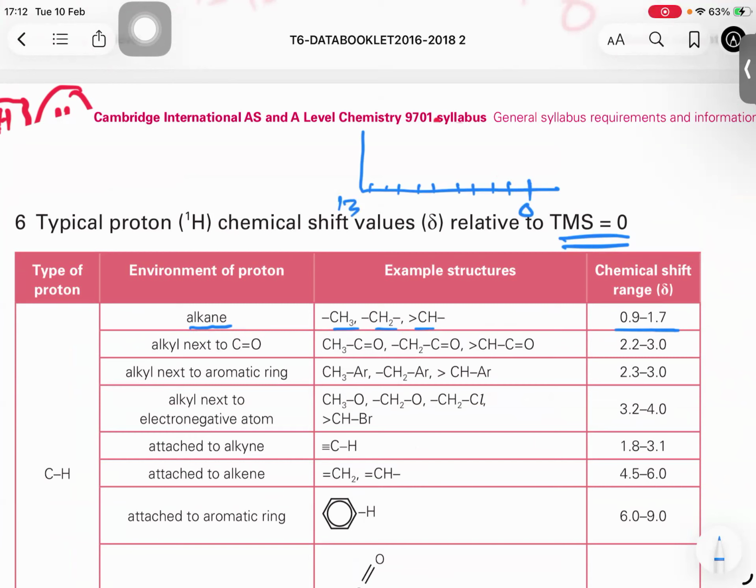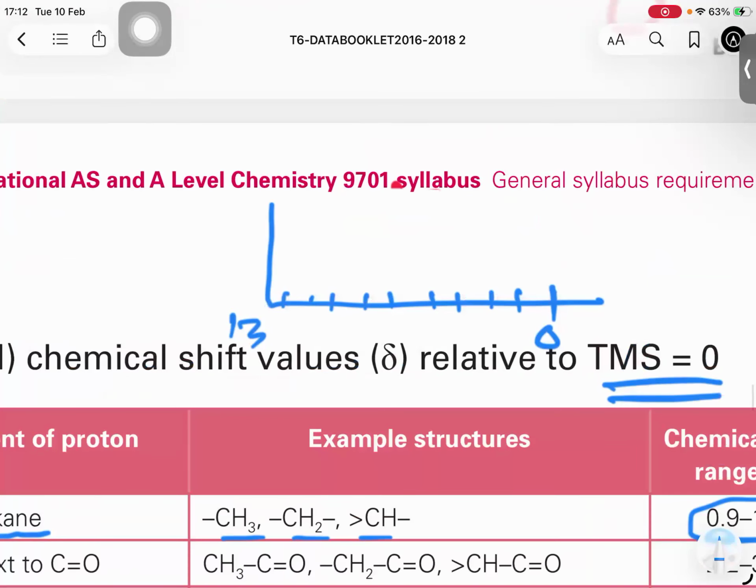The peak where the TMS is coming, we assigned it 0. Although their frequency is less than that, instead of taking it in negative terms, just like we do in maths, we took a positive value on the left side. So the meaning of 0.9 to 1.7 is that if there is an alkane or anything next to an alkane, this is 0, this is 0.9, and this is 1.7. So somewhere here.